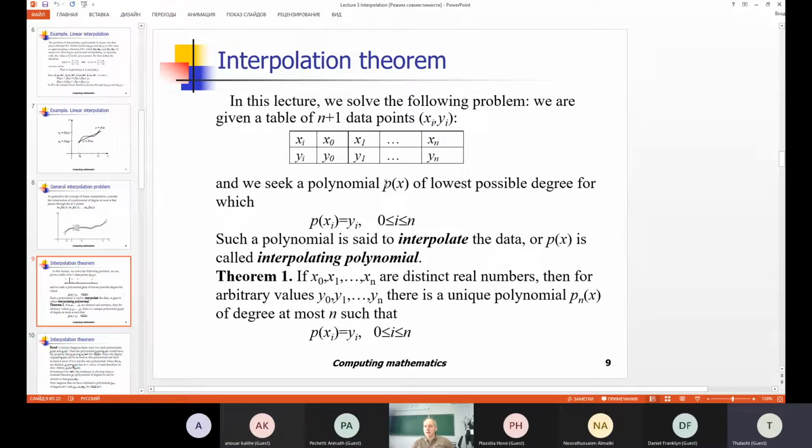And we seek a polynomial p of x of the lowest possible degree for which p of xi equals yi for all the points, for all i from 0 to n. Such a polynomial is said to interpolate the data, and p of x is called the interpolating polynomial.